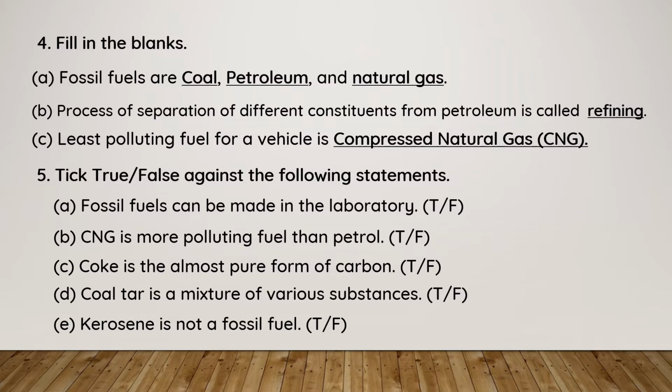Petroleum, that is a mixture of different constituents like LPG, CNG, paraffin wax, bitumen, etc. So these constituents separated by the process, that process is called refining. Next one, least polluting fuel for a vehicle is dash. The clean fuel. Clean fuel is compressed natural gas or CNG. So these answers you can write in your textbook.